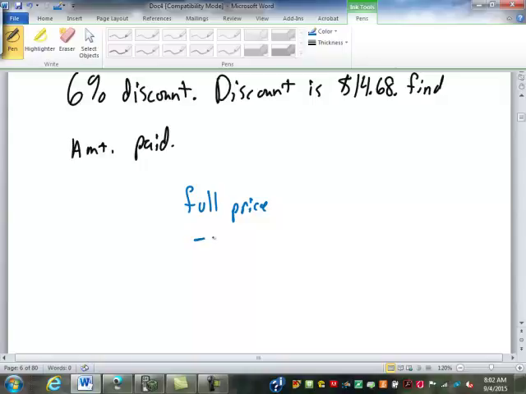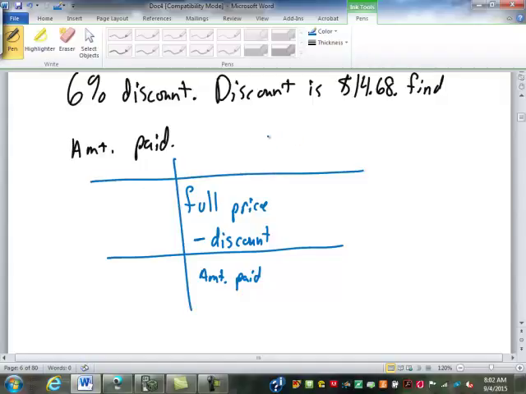And here we're going to subtract a discount. Again, you could write subtract a decrease or whatever. And what we're going to get is the amount paid. And again, you could put down price after discount or whatever words you want to use, as long as you know what they represent. Now, in any sort of a percent problem, all of those amounts are represented by two different numbers.